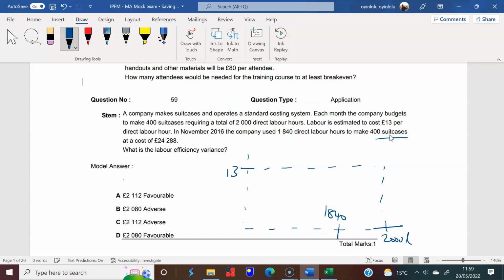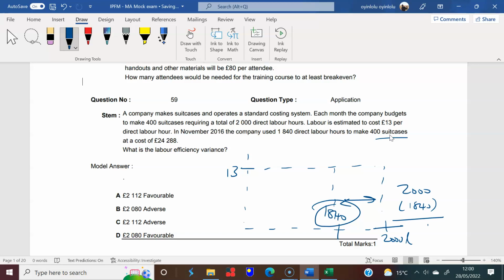So what you now have, of course, is a difference, don't you? You're more efficient. You used fewer hours than you were meant to by, of course, that difference. You were meant to use 2,000, but you've used 1,840, right?